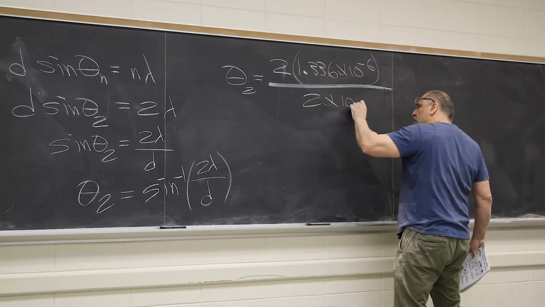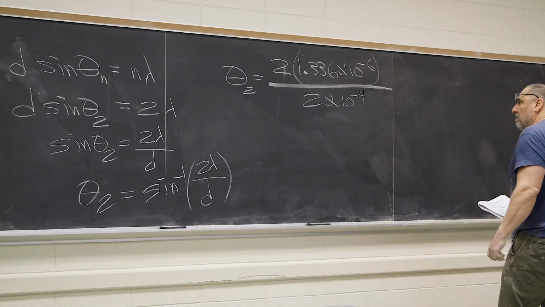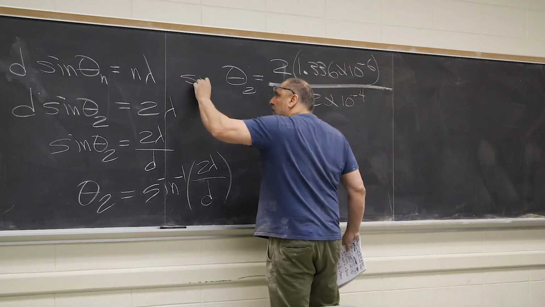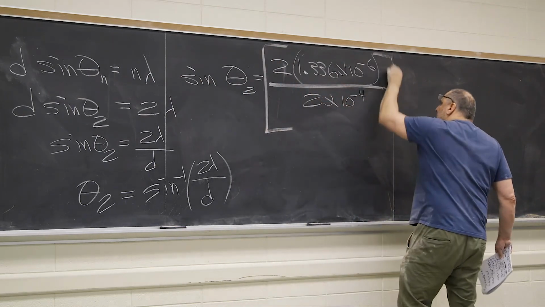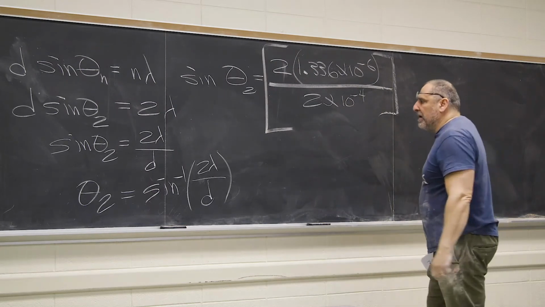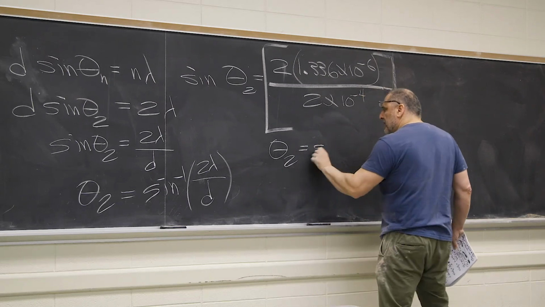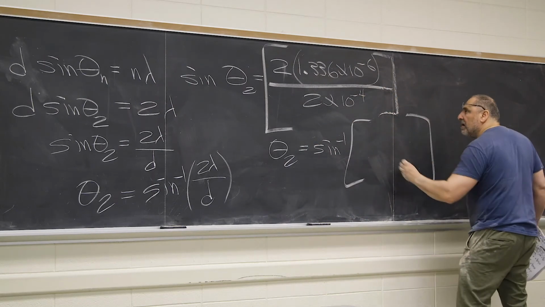Slits are 0.2 millimeters apart. That's 2 times 10 to the negative 4 meters apart. That's sine theta 2. Get the inverse sine. Sine theta 2 is the inverse sine of all of that.